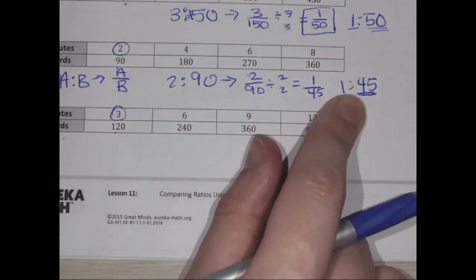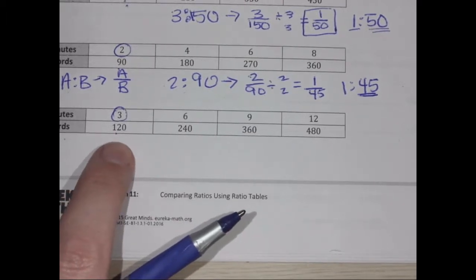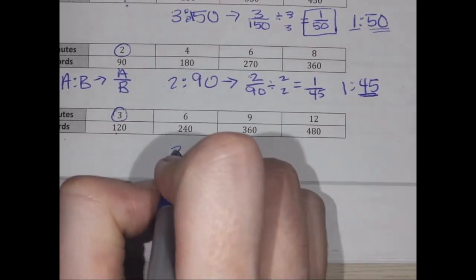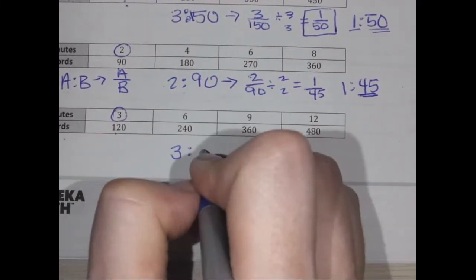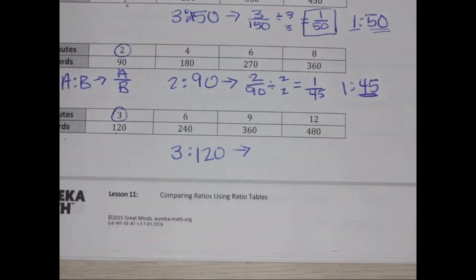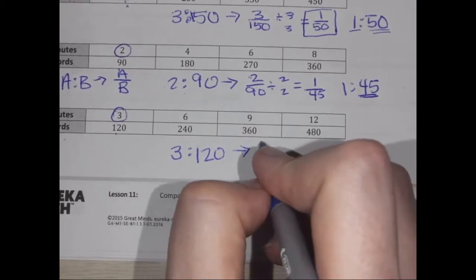Now let's look at Maria's table. What do I write first? I want to find the value. What do I write first, Julia? The ratio is 3 to 120. Then what, Michaela? How do I write it?